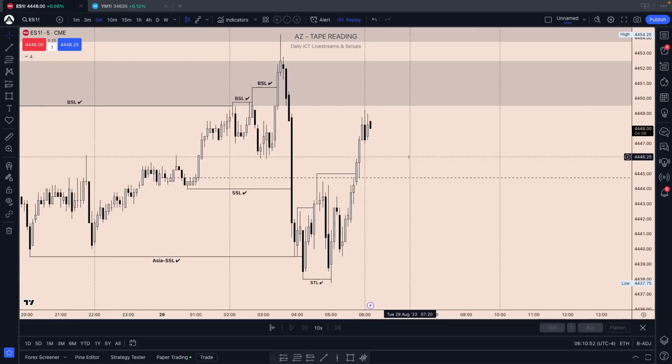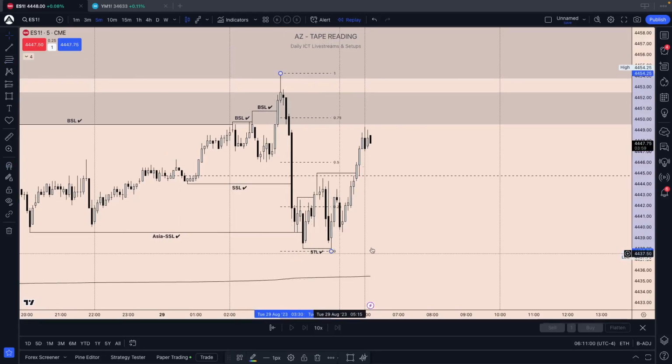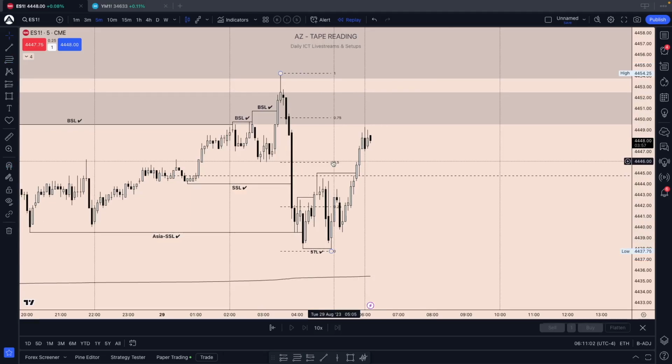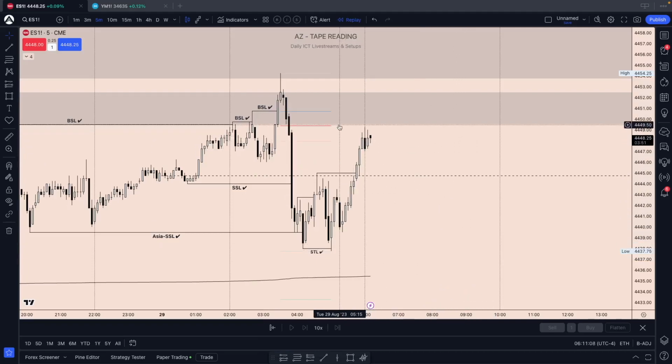So really, good question. Let me check the 50% of the current daily range to give some sort of an outlook also for myself. We're already above the 50%. If we look at the ICT fib retracement, we can see that we almost touched the optimal trade entry.